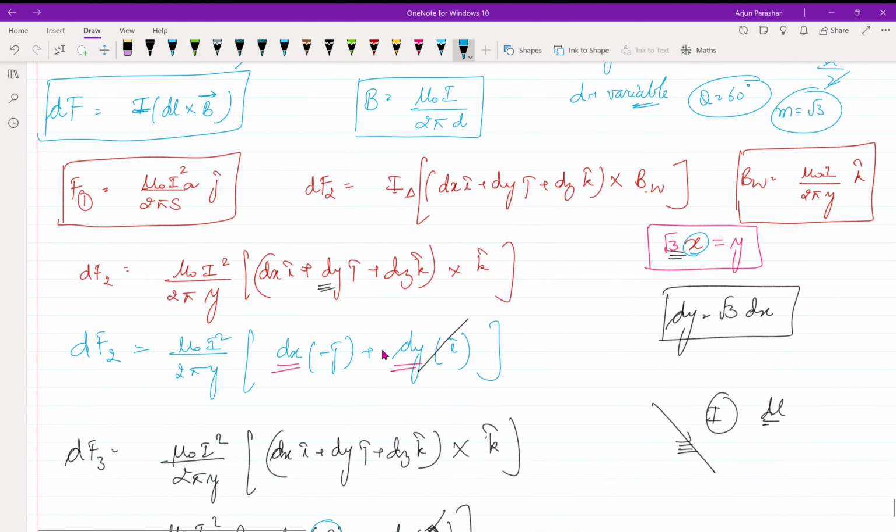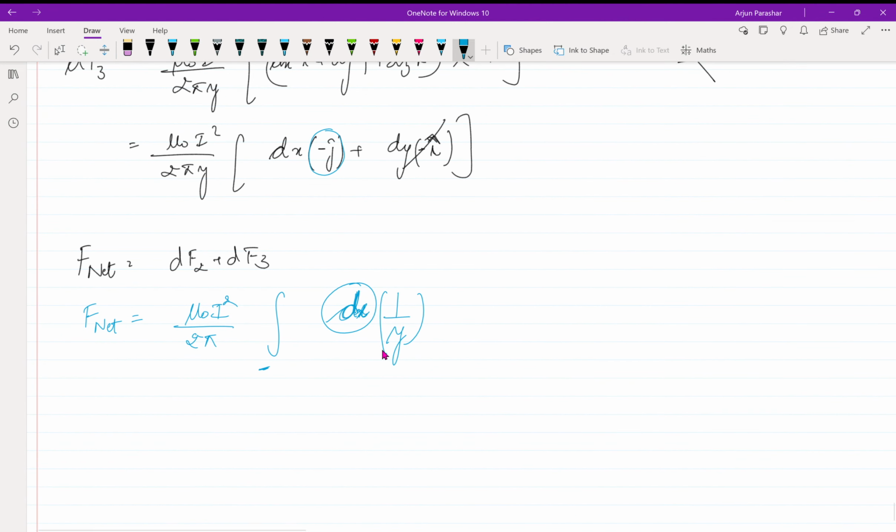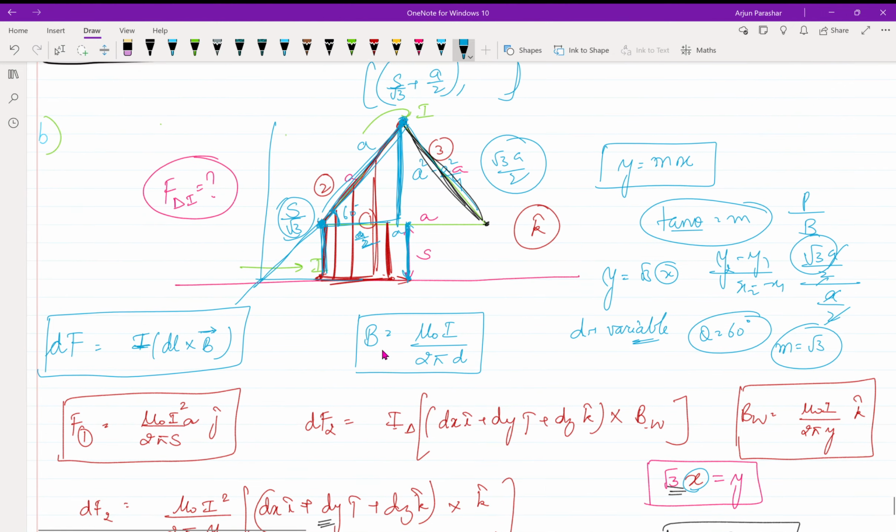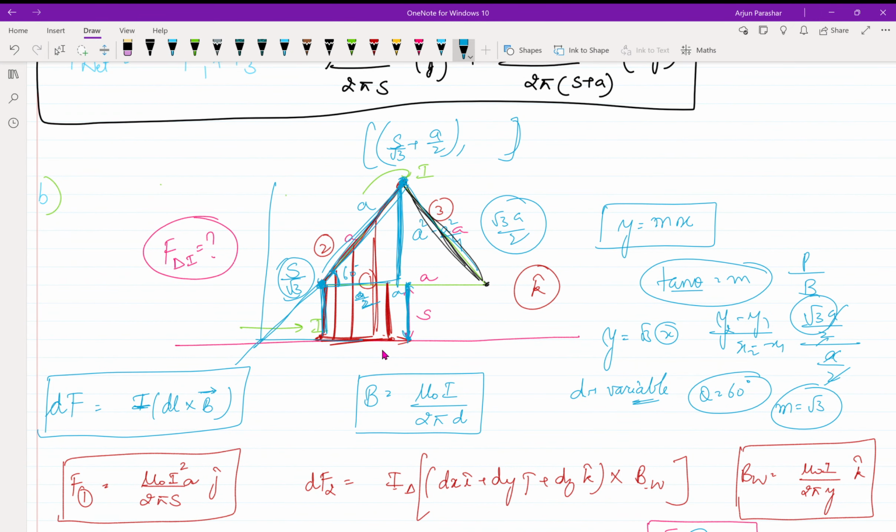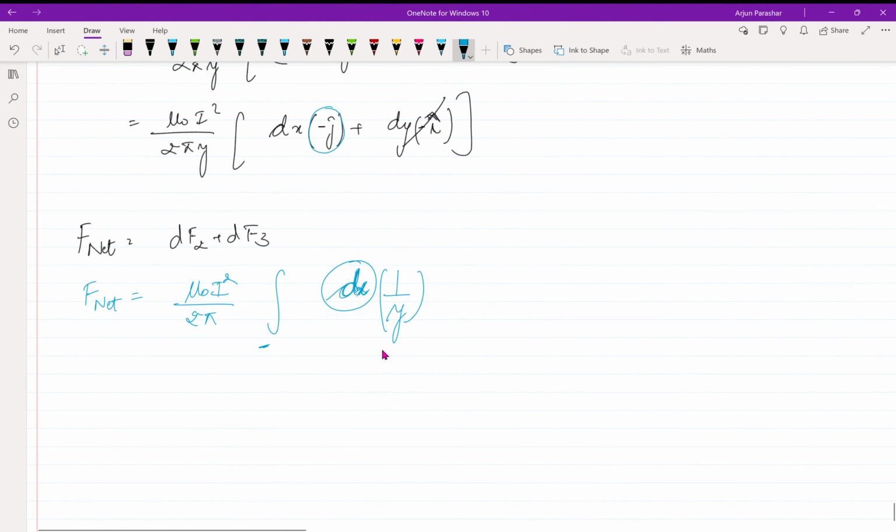If you are planning to make things opposite, putting dy here, then you can easily put the limits of y. The x coordinate is a by 2, so s by root 3 plus a by 2 is the total limit.